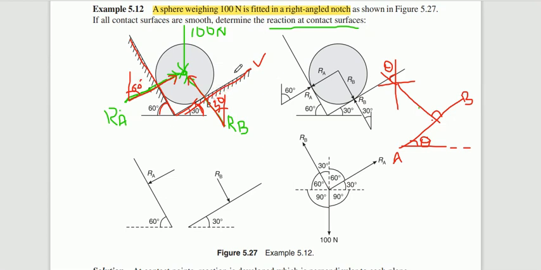So you have to draw RA as a force which makes an angle 60 degree with respect to the y-axis, and RB as a force which makes an angle 30 degree with respect to the y-axis.